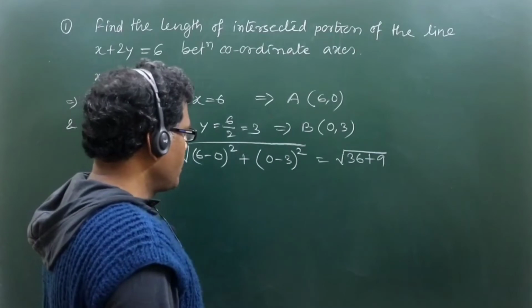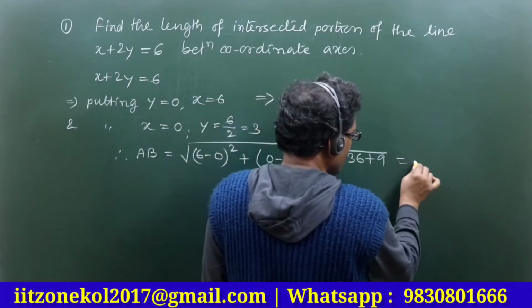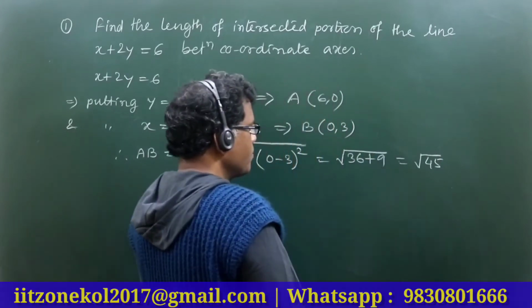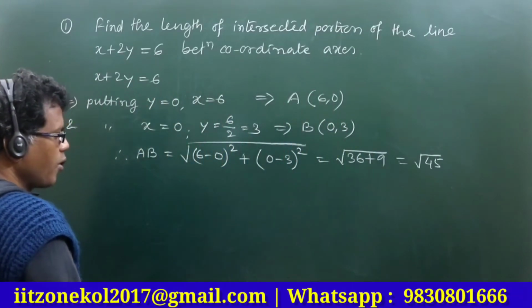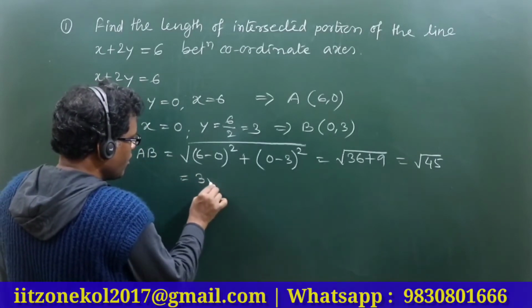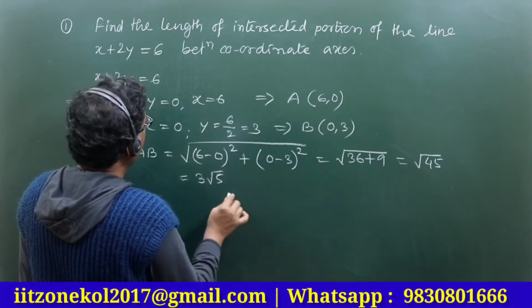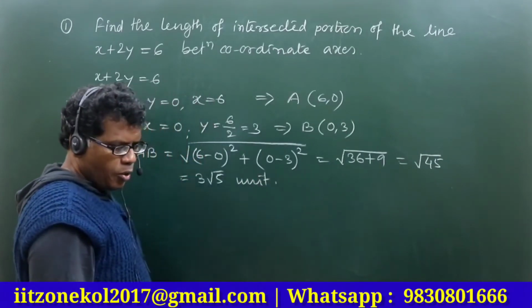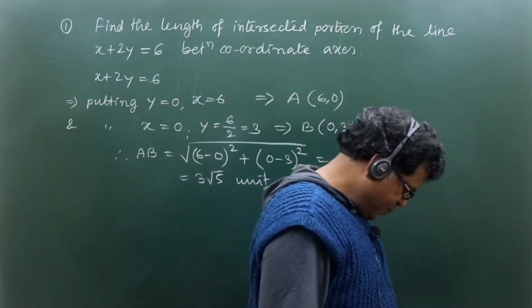So it is under root of 45. So under root of 45 means we can write it is 3 root 5 unit.